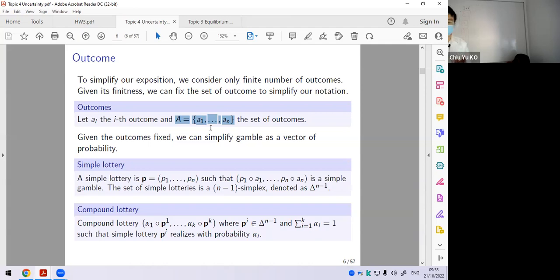Because I fix the number of outcomes, I just need to mention the probability. So I call this a lottery, and if it's a gamble over lotteries, I call it a compound lottery. I just mention the probability.